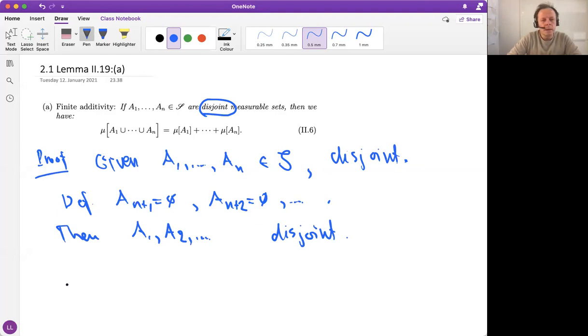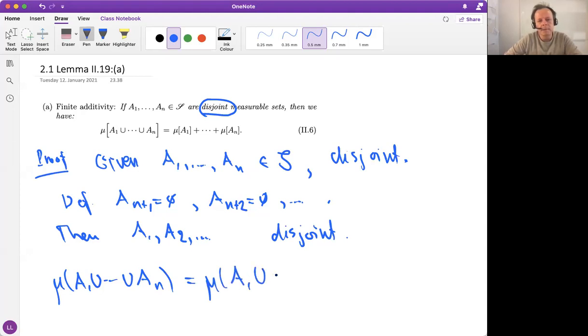Now we can say that the measure of A1 union up to AN, by adding these empty sets, so we are not doing much, equals the measure of the union A1 union A2 up to infinity, and now we use the countable additivity property, which was the definition of a measure. For the infinite disjoint collection, we get the sum of these measures.